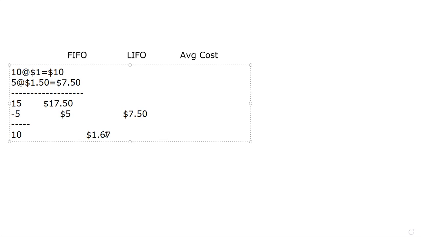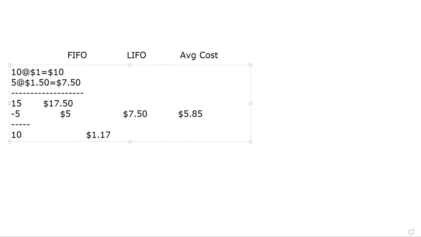It's got to be 1.17. Yep, that's about right. So we've got $1.17 a gallon, or 1.1666 repeating technically. So for the 5 gallons sold, at $1.17 times 5, it's about $5.84. It is somewhere in between.